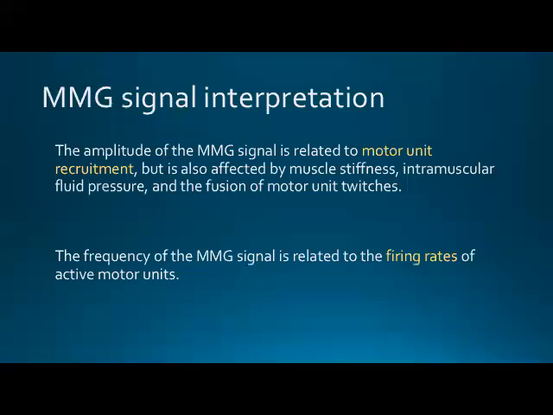So if MMG frequency goes up, that's because you're modulating force by sending voluntary activation signals more frequently. Remember, EMG amplitude could be either. So now we can look at what MMG is doing and then determine what is causing that change in global muscle activation from the EMG, because we can tease it apart using this mechanical counterpart tool.